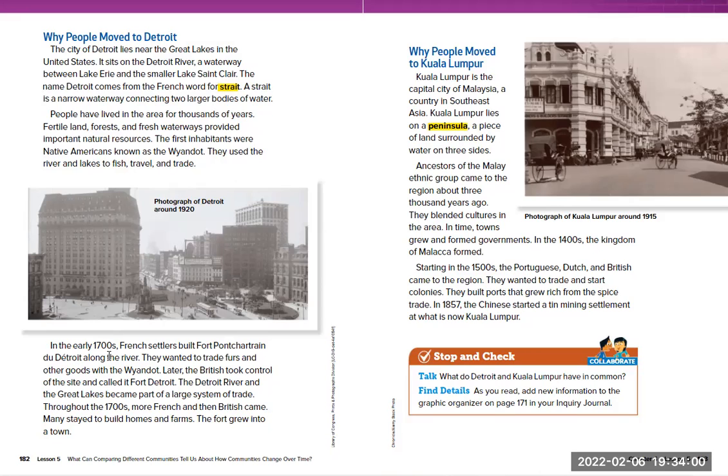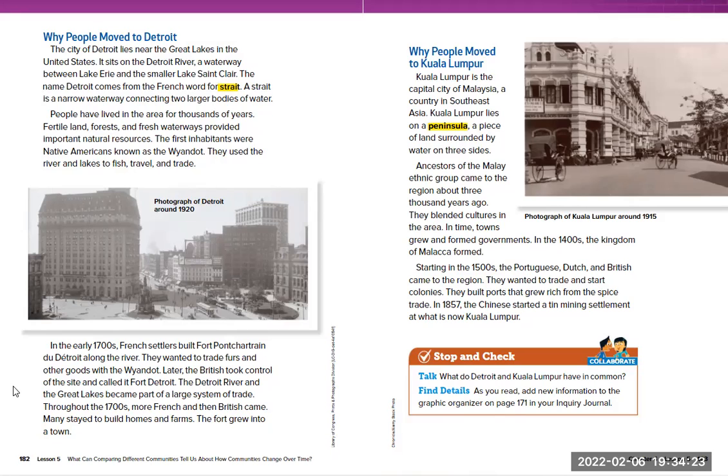They wanted to trade furs and other goods with the Wyandot. Later, the British took control of the site and called it Fort Detroit. The Detroit River and the Great Lakes became part of a large system of trade. Throughout the 1700s, more French than British came. Many stayed to build homes and farms. The fort grew into a town.